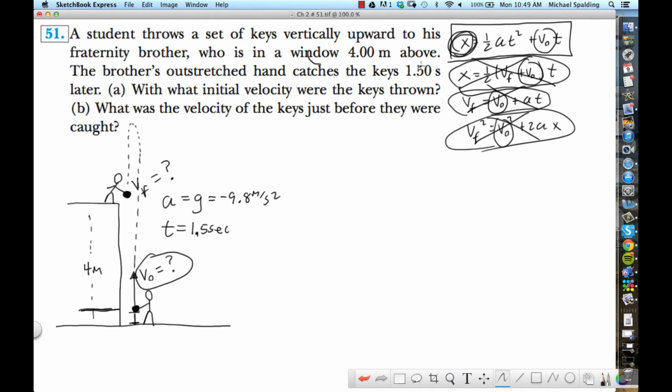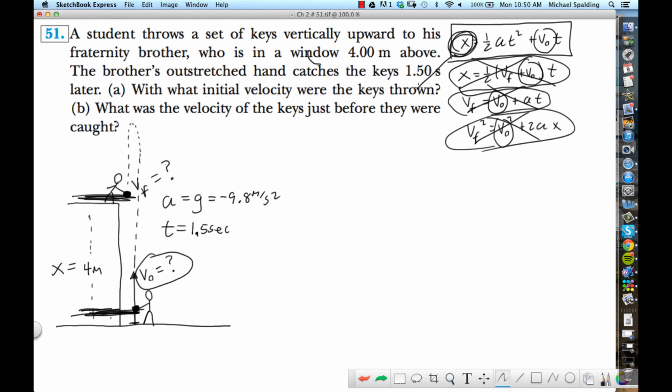What does displacement care about? Starting point, ending point, and the distance in between, which here is what? 4 meters. So X, the 4 meters, is our X, even though the keys go higher than the dude and then back down again. So the displacement does not care about this. The displacement only cares about starting point, ending point, distance in between.